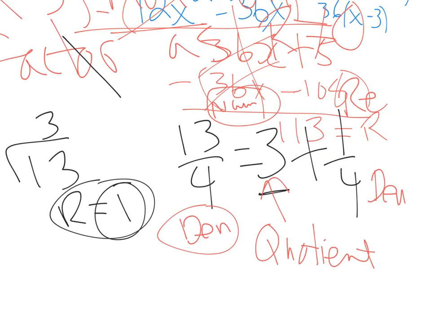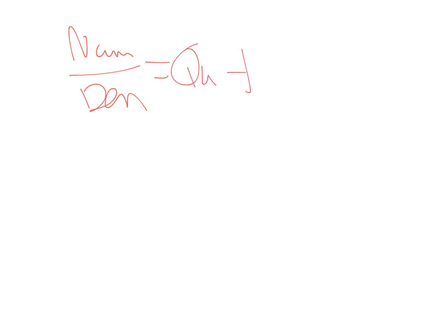So the general formula then is your numerator over your denominator equals the quotient plus the remainder divided by the denominator in the division.